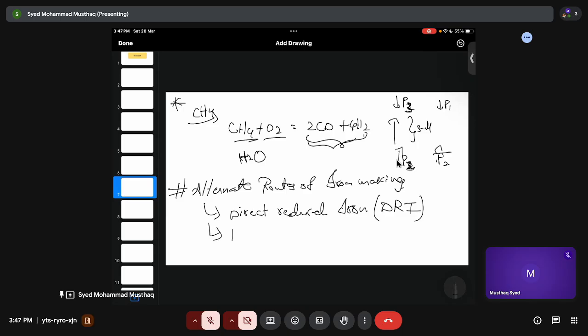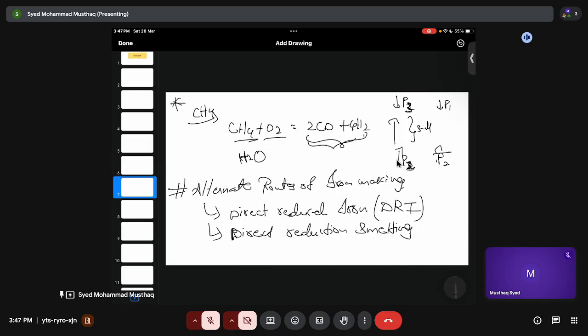And also the iron making process from the blast furnace is also called a reduction smelting process, because you're doing reduction and you're doing smelting. And again, I have explained before what is the difference between smelting and melting. Okay, so I'm not going to explain it again because I have already taught you many times.